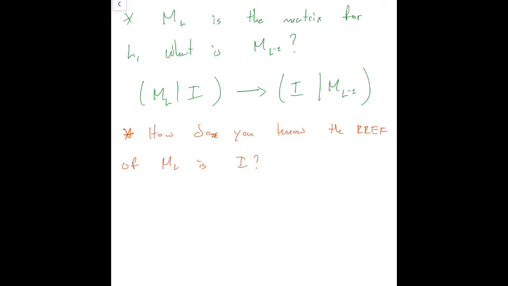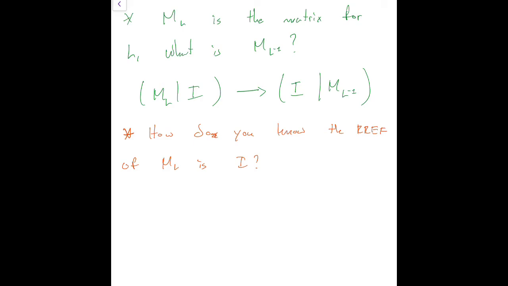Since it's surjective, there's going to be no row of zeros. So this tells us that when it's in row echelon form, there are going to be no zeros on the diagonal. Once you know that, it's easy to see how you continue the row reduction to get that matrix into the identity matrix. But the only reason you can do this is because the columns of M form a basis. Since the columns of M form a basis, you can row reduce it to get to the identity matrix.